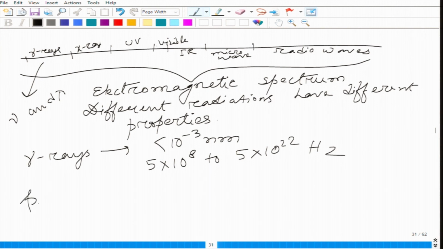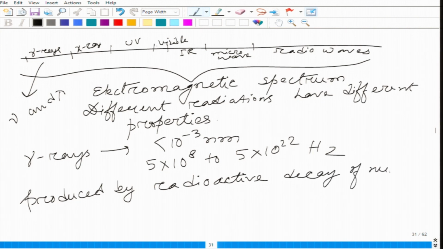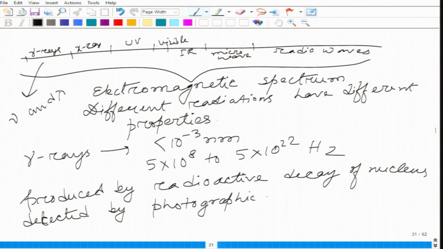Gamma rays are produced by radioactive decay of the nucleus, and they are detected by photographic film and ionization chambers, etc. Okay, so we had read about gamma rays previously also.